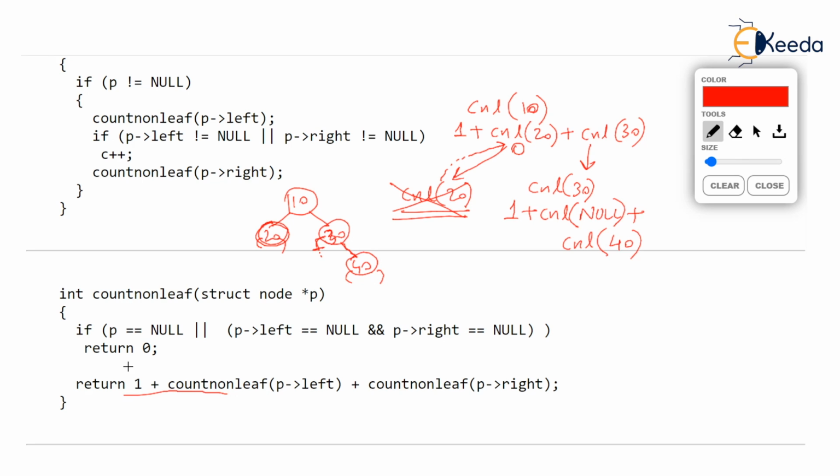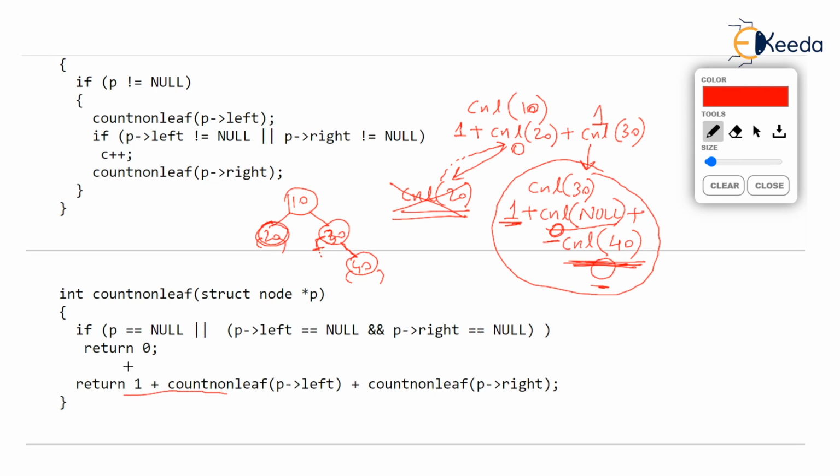So what is count non-leaf null going to do? It's going to return 0. Check the function. And what is count non-leaf 40 going to do? Notice when count non-leaf 40 runs, it's a leaf, so it's going to return 0. Then the count non-leaf 30 function will return 1 plus 0 plus 0. So it will return 1 back at the call.